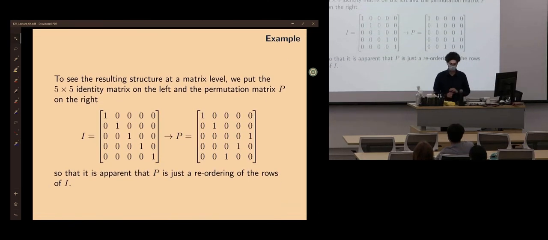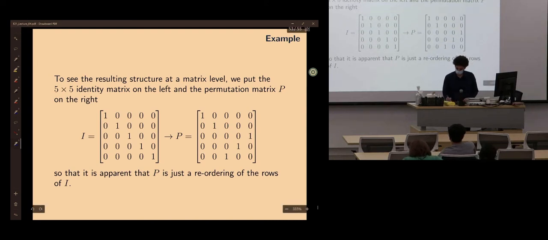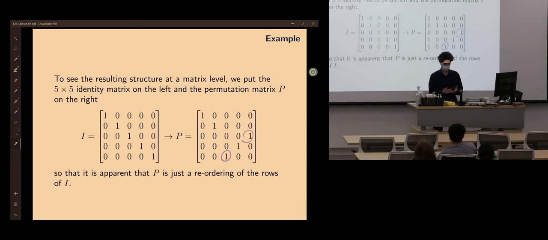What I do is that I take an identity matrix of size 5 because my vector is 5 by 1, and I swap the third and fifth row of that matrix. That will give me P, my permutation matrix.